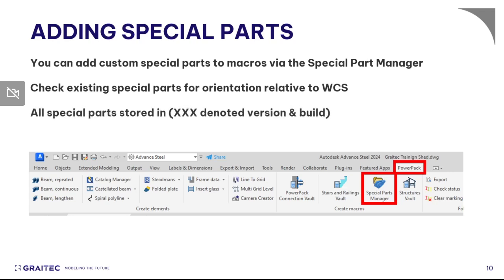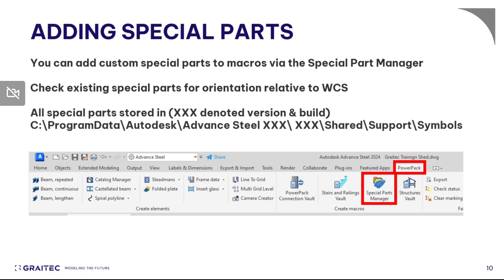All your special parts are stored in your program data file, Autodesk, Advanced Steel. Now the XXX there denotes the version, so I'm going to show you 2024 today, and then the next XXX is your build number, so I'm using the GBR, the UK build.